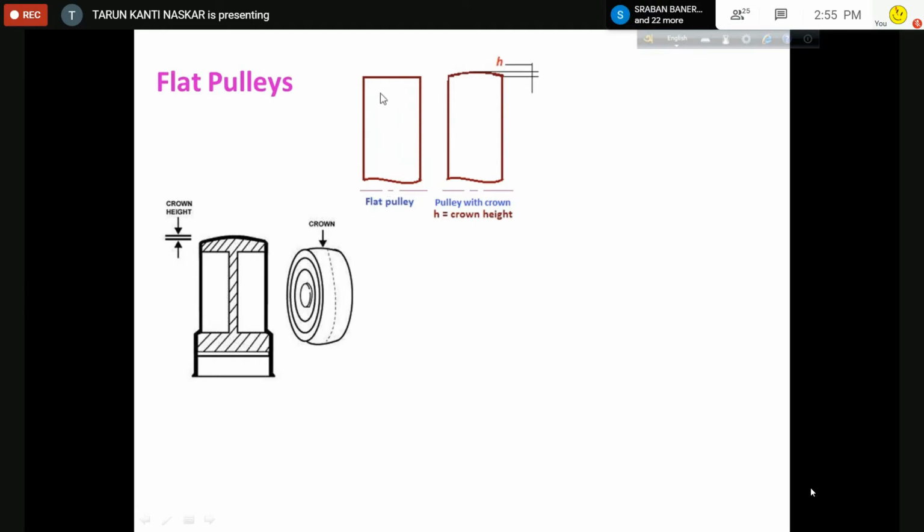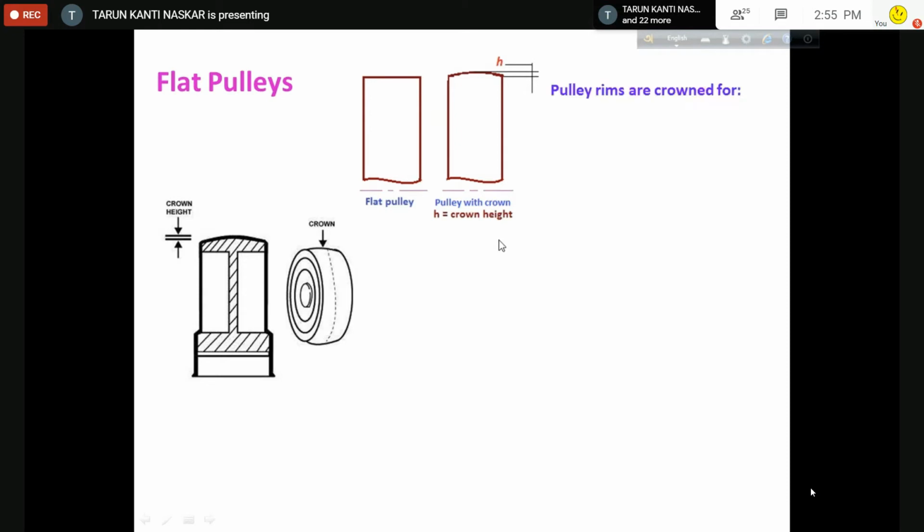So in fact, it is not exactly flat. A convex form is there, and there is a height. This height is called crown height. Now h is the crown height.